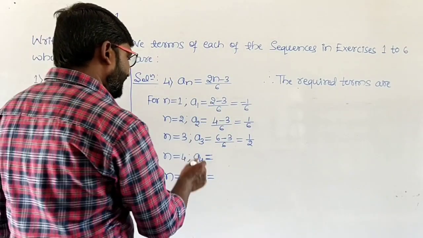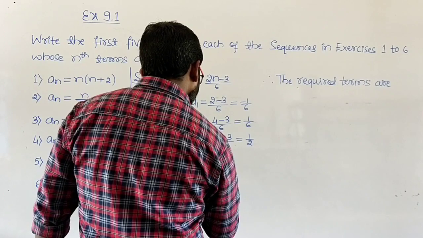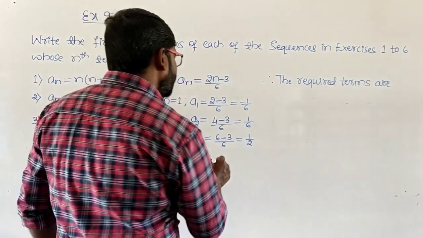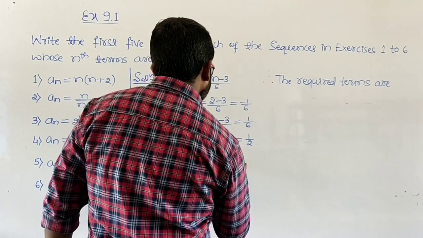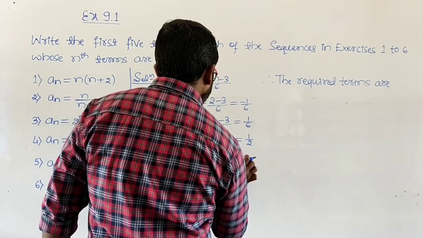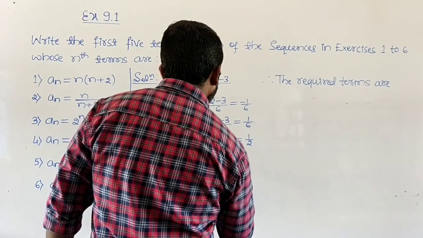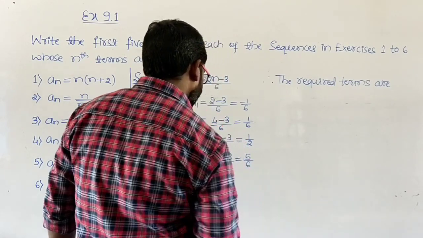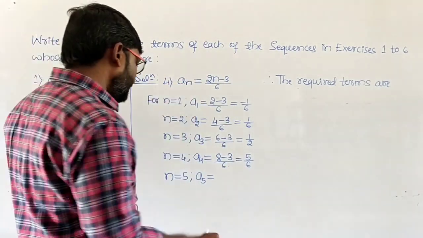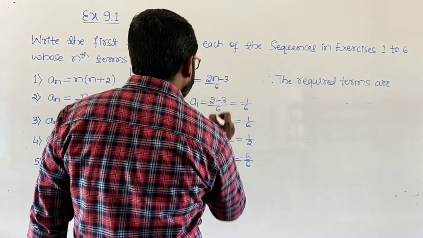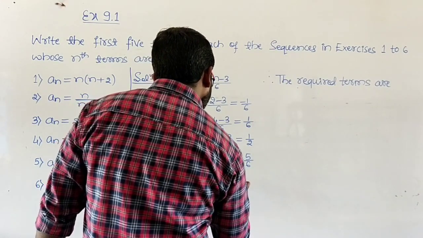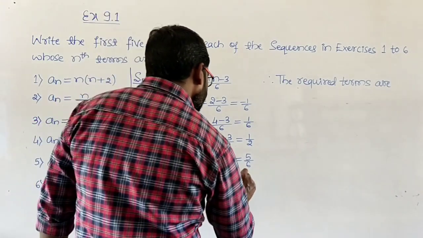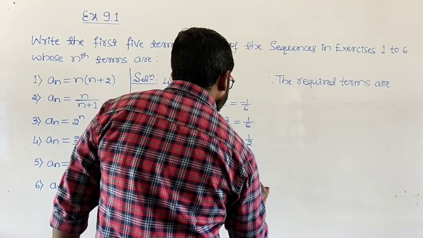Then for n equal to 4, 2 into 4 it is 8 minus 3 divided by 6. 8 minus 3 it is 5, you get 5 by 6. Then n equal to 5, 2 into 5 it is 10 minus 3 divided by 6. So now 10 minus 3 it is 7, you get 7 by 6.